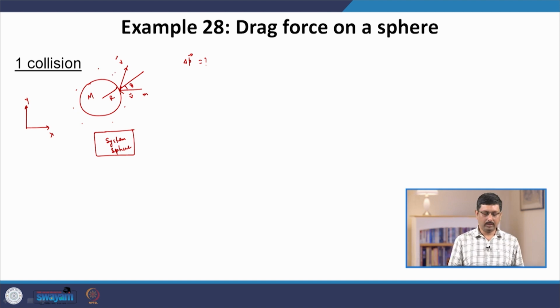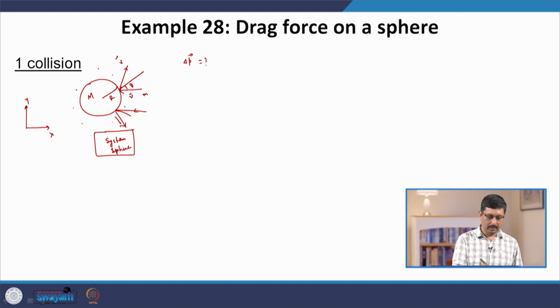By symmetry there is no net momentum transfer in the y direction, because if it hits from here, and gets rebounded in this direction, then this is a symmetrically opposite case to the top picture.